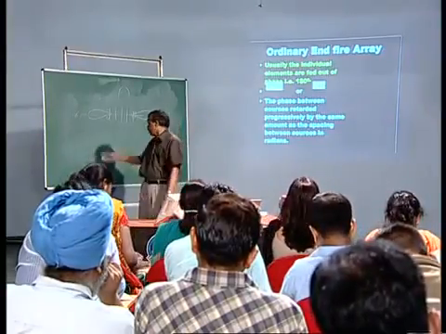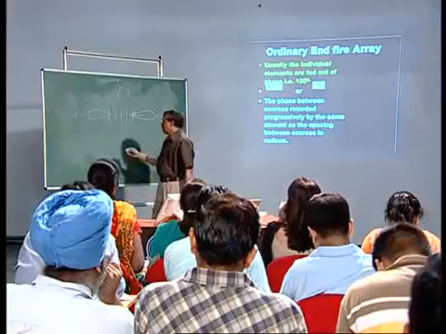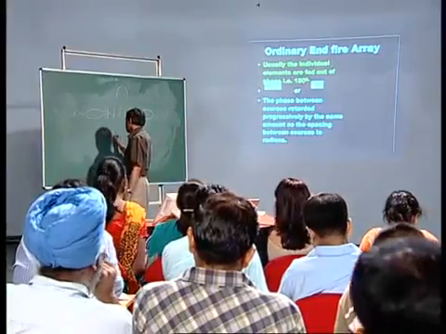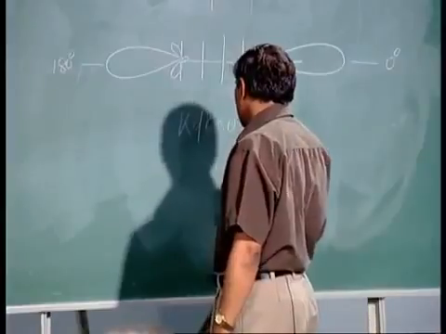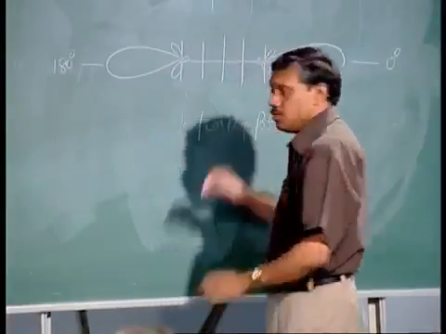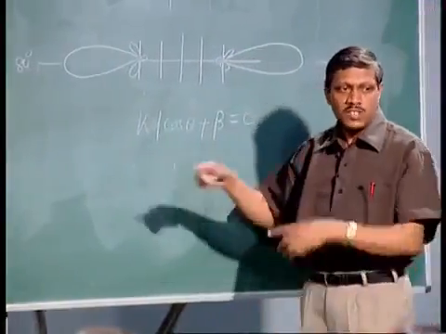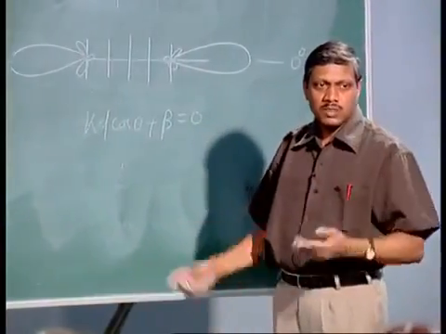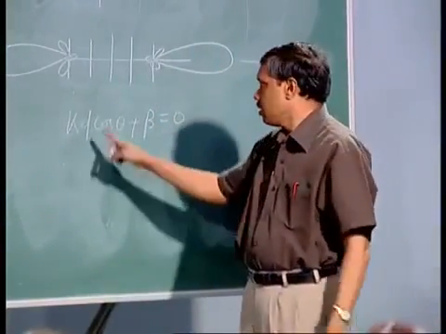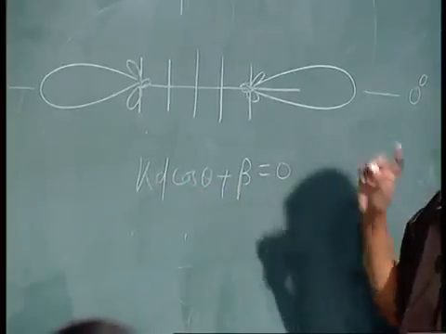If you put this condition here, kd cos theta plus beta is equal to 0, because that is the maximum, always you will get the maximum, psi should be equal to 0. This implies that kd cos theta plus beta is equal to 0.